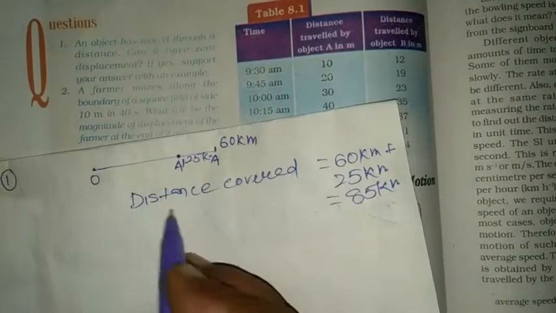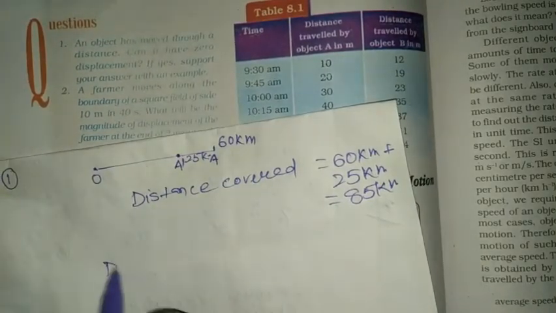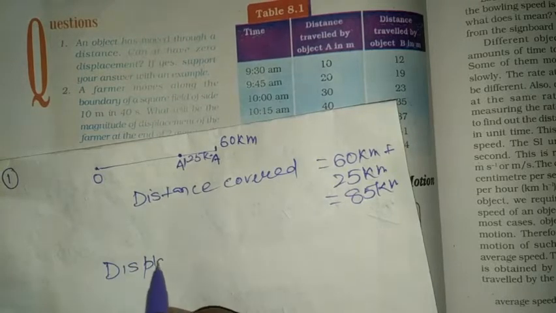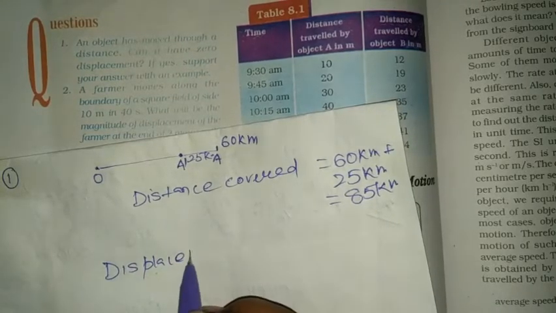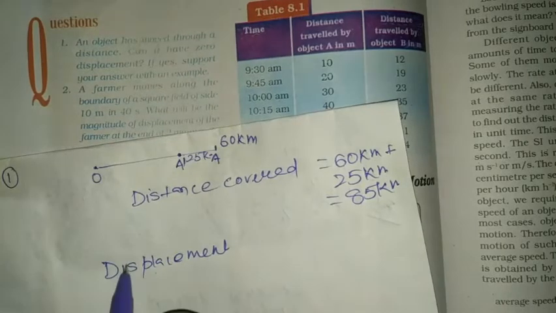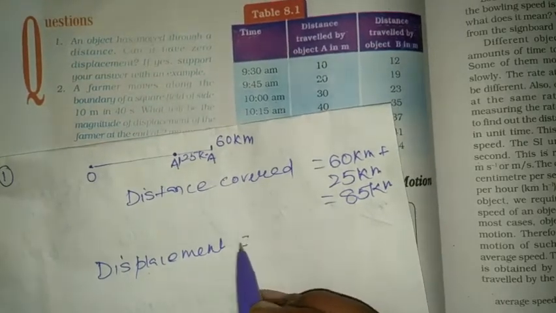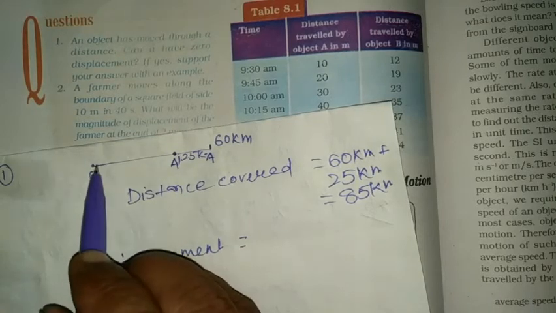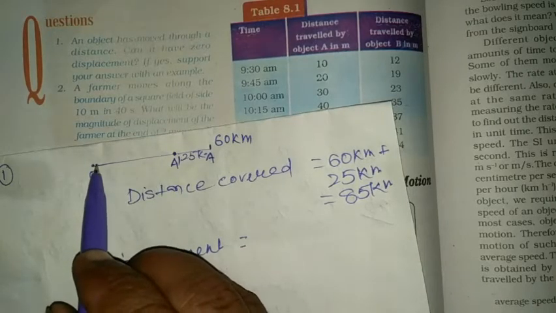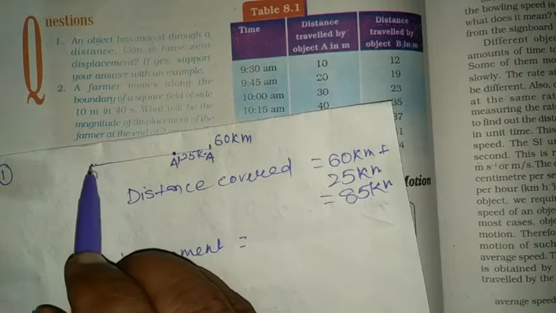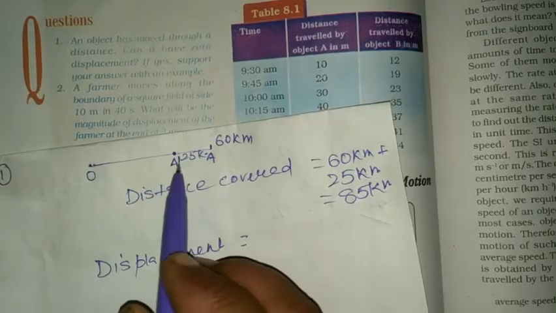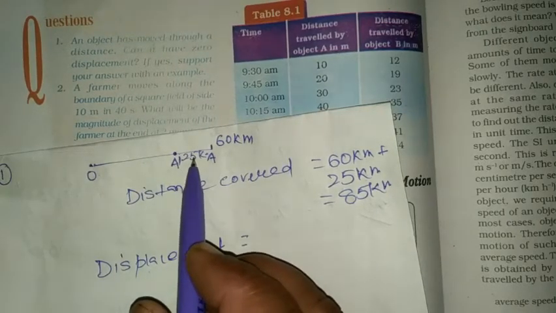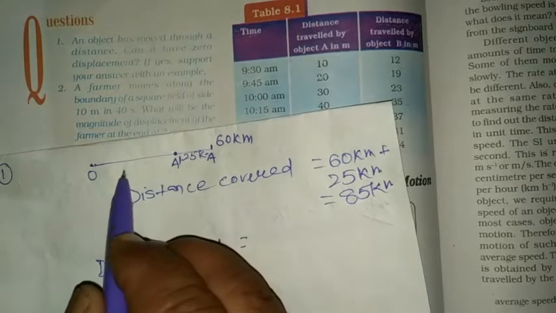And if we have to find the displacement here, what is the numerical value of displacement in this case? See here, displacement is the final position and the initial position. The initial position is this one. Naturally, from 60 we will have to subtract 25 and we will get 35.